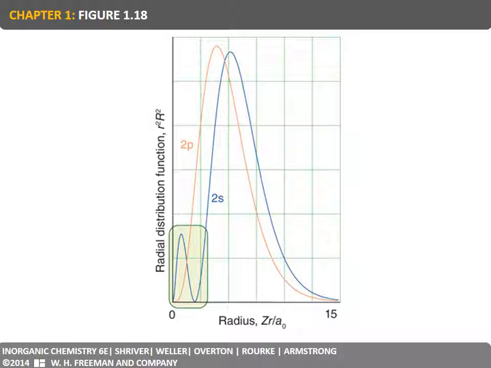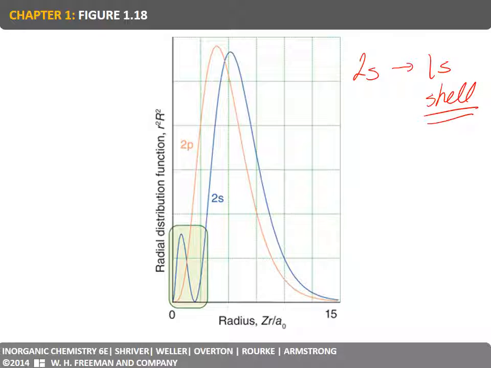So let's consider the 2s electron in lithium. There is, shall we say, a non-zero probability that the 2s electron can be inside the 1s shell. So the 2s electron can find itself in the 1s shell.